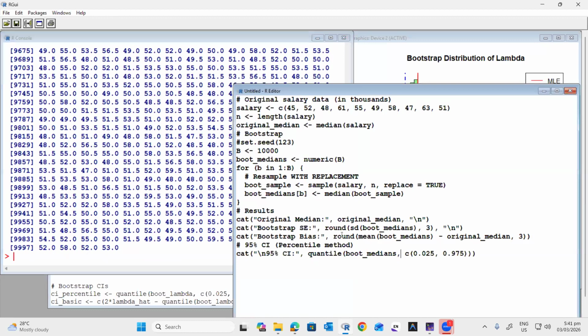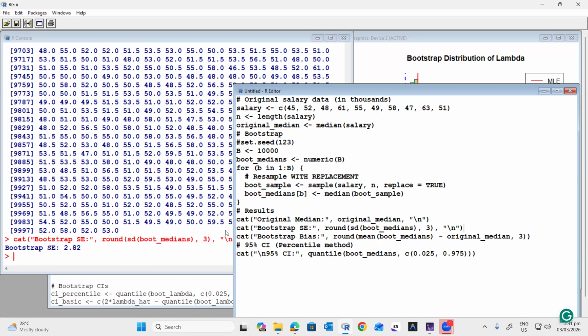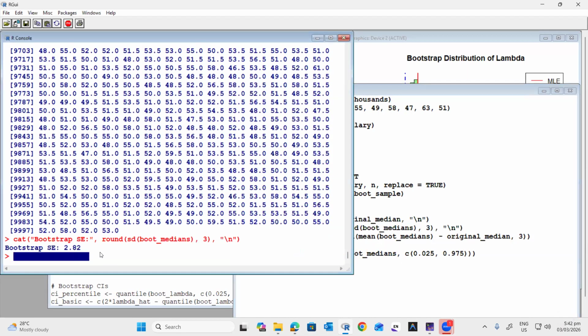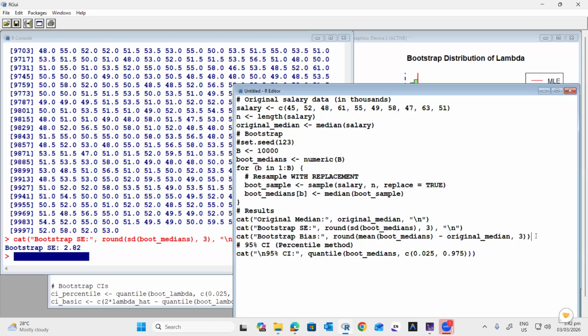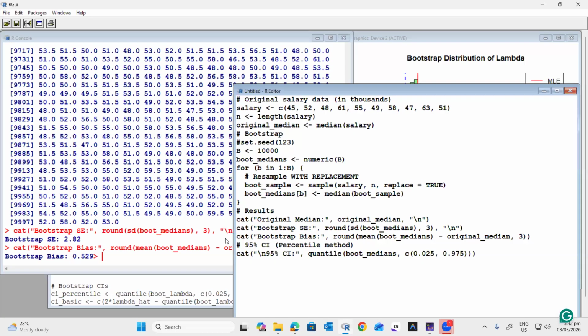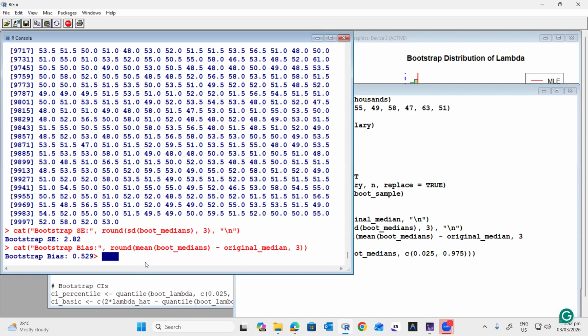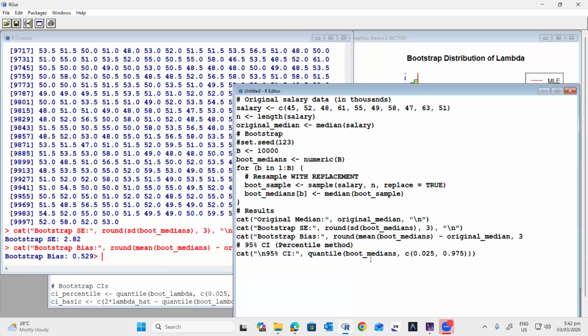Okay, and now I find the bootstrap standard error, that is 2.82, and the bootstrap bias of the median is 0.529.